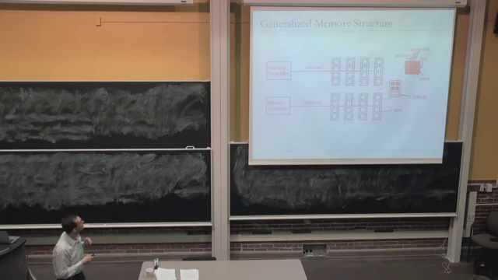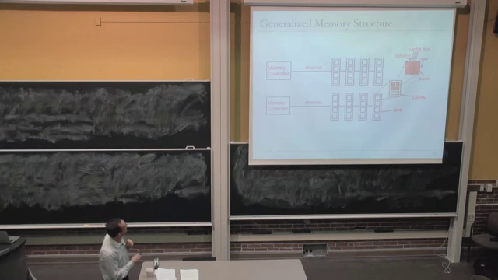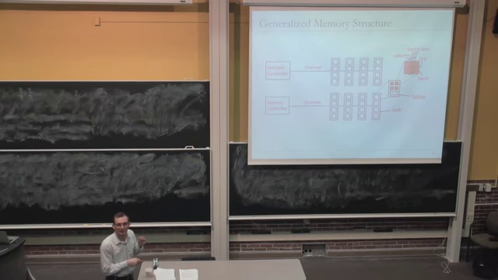Okay, so let's put this all together. You have independent memory controllers. Each memory controller controls a channel, and a channel can host multiple different ranks and multiple different modules. Each rank, in this case, contains 4 DRAM chips.